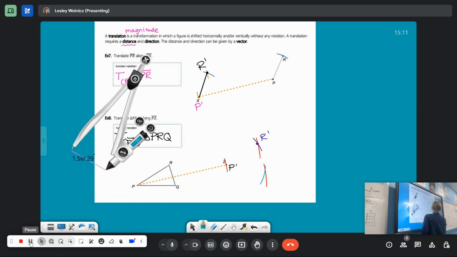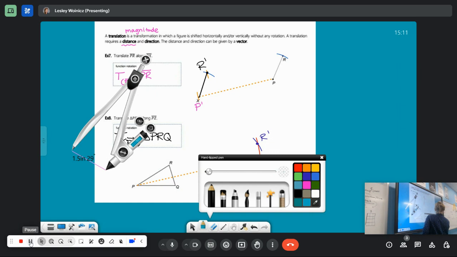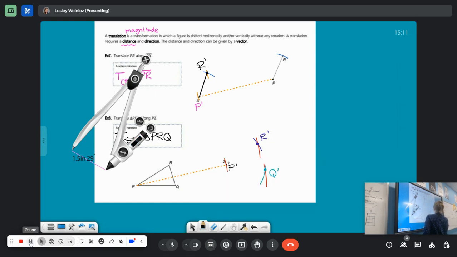And that is the location of Q prime. That's pretty good. All right, connect your image points with your straight edge.